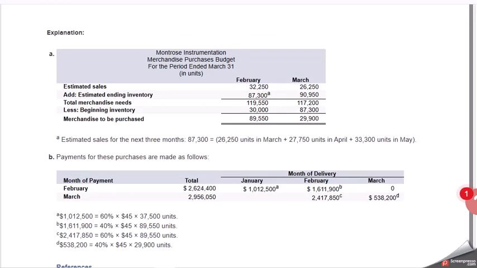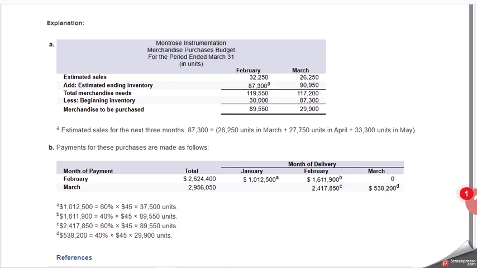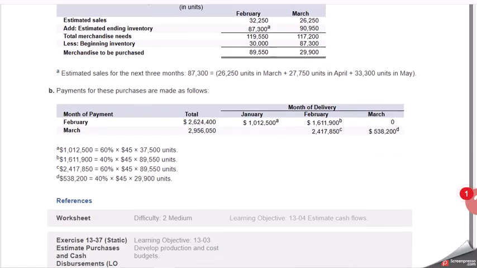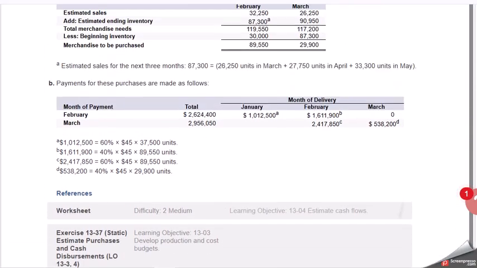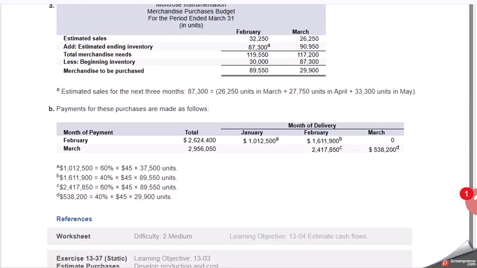So as we come down there, that is that January total there. So let's see. They've calculated the 60% times the $45 per unit times the 37,500 units, and that gives us the 1,012,500.